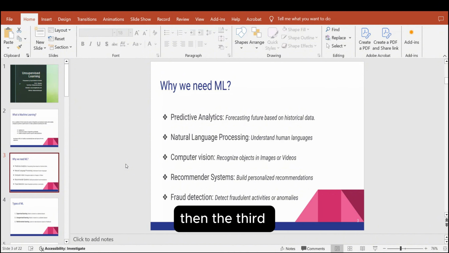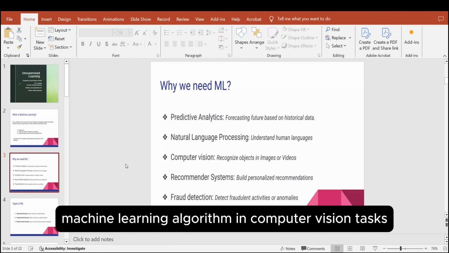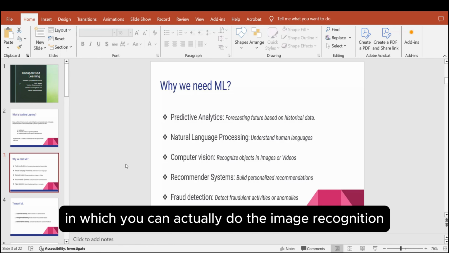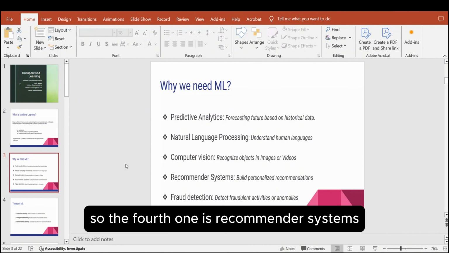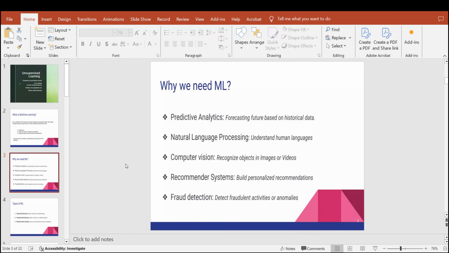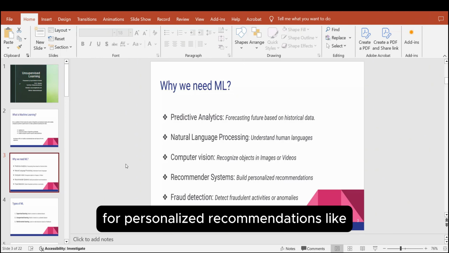Then the third main application of machine learning algorithms is computer vision tasks, in which you can do image recognition, object identification, and image processing as well. The fourth one is recommender systems. You can design a machine learning algorithm for personalized recommendations.